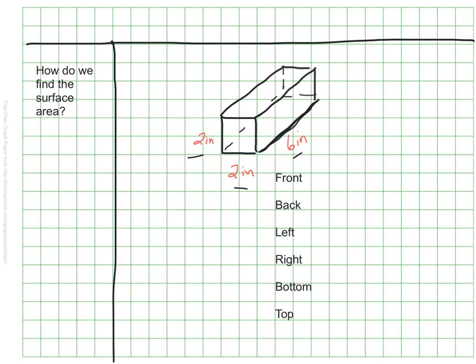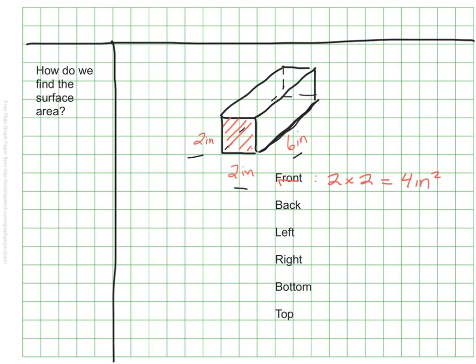I've given each face a different name. So the first face I have here is the front, and the front is going to be this part that I can see at the front of my shape. Now this is a square, and so if I want to find the area of this square, I'll simply do 2 times 2, and I'll see that this is 4 square inches.